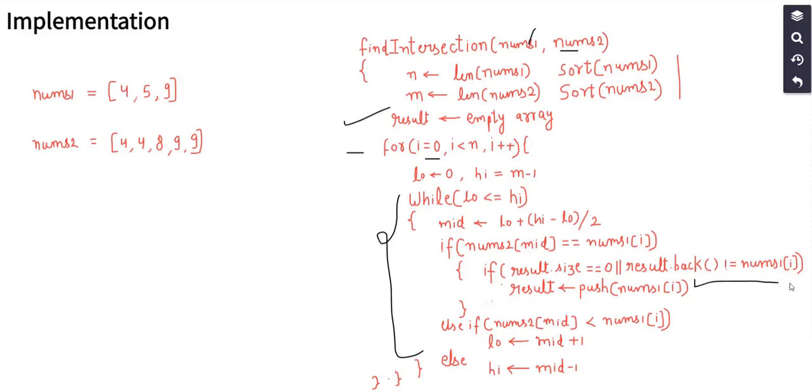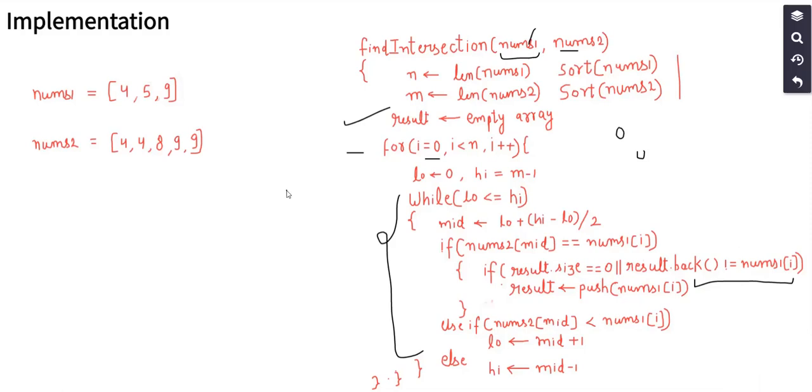This condition is basically removing the duplicates for us, which was a problem in the first approach. Duplicates will appear adjacent to each other, and hence if there are duplicates in nums1, they will be adjacent. So once an element is pushed into the resultant array, it will be checked here.